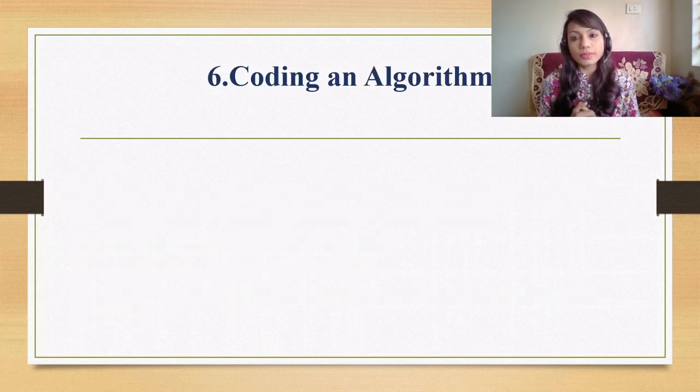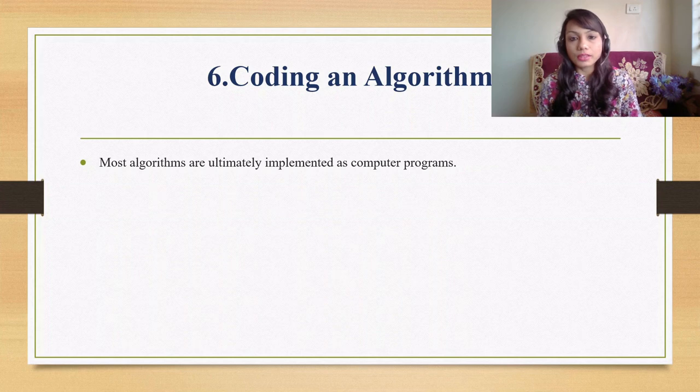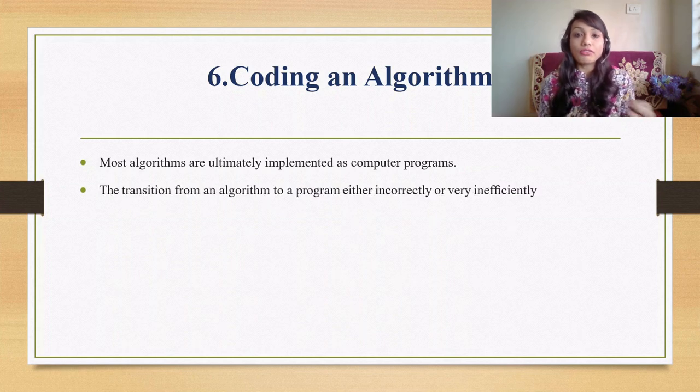The next step, the final step in design and analysis of algorithms, is coding an algorithm. The algorithm cannot be executed as is; it will not run on a computer. So you have to code it into a program. That is your last step. Then after coding, you again have to test.